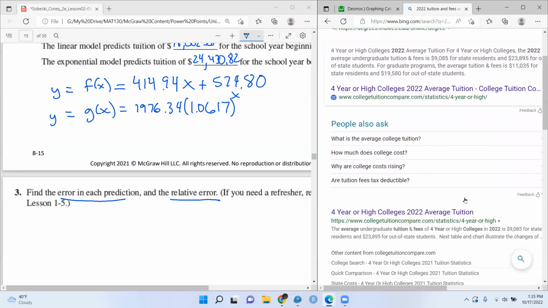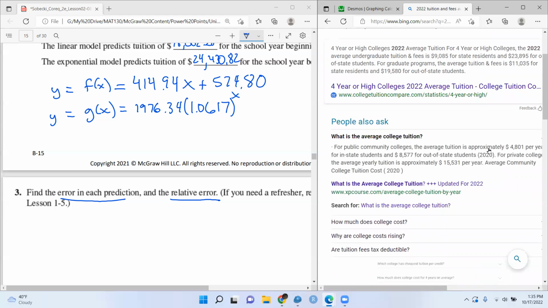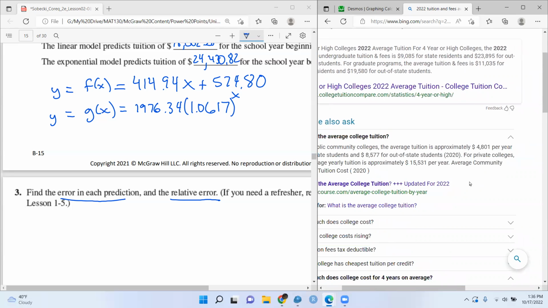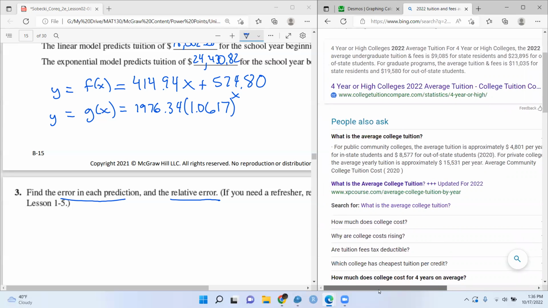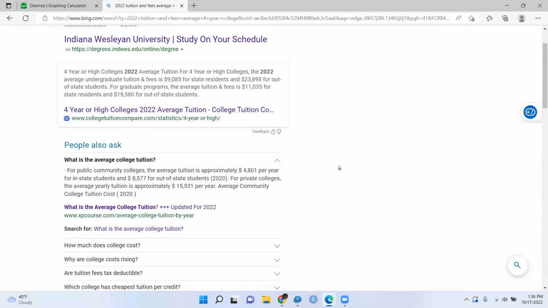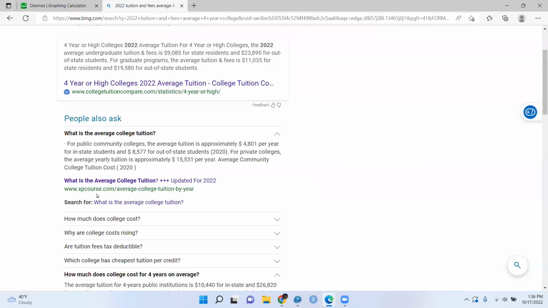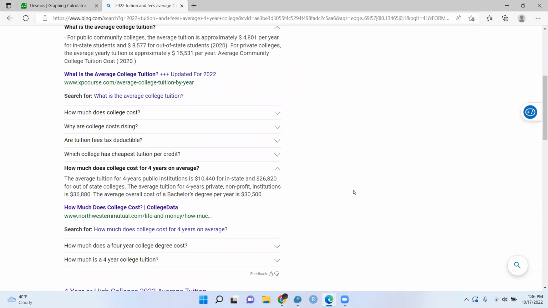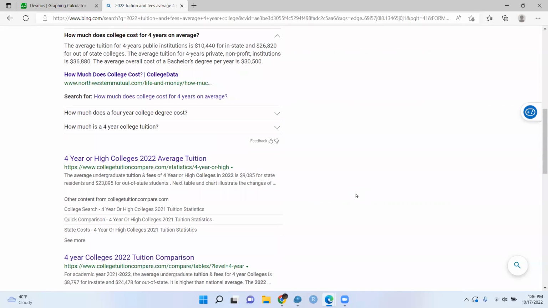Oh wait, man, what is the average? So we'll use this number. It's crazy off. $4,801 per year is what we're told is the actual data value based on this website. You all see what I'm looking at here? What is our source? xpcourse.com, average college tuition. Does that seem like a decent source?